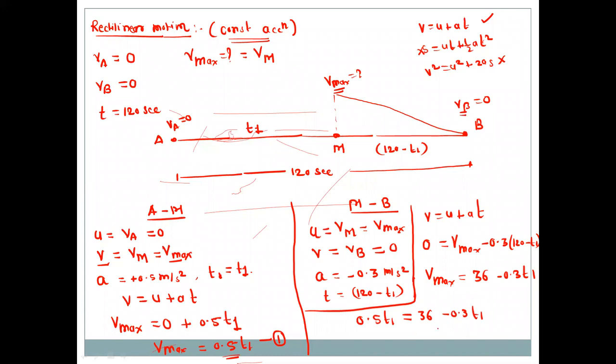After rearrangement, you will get 0.8 t1 is equal to 36. So t1 is equal to 36 divided by 0.8, which is equal to 45.